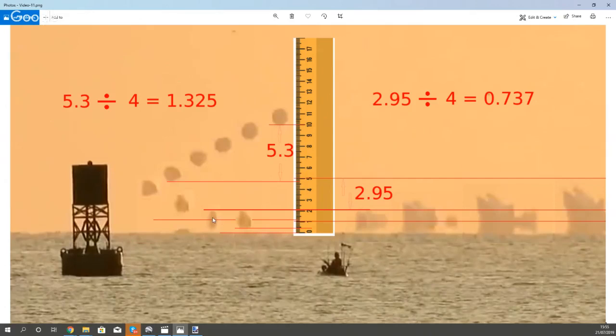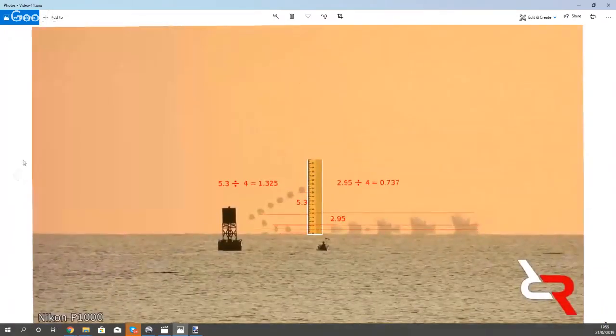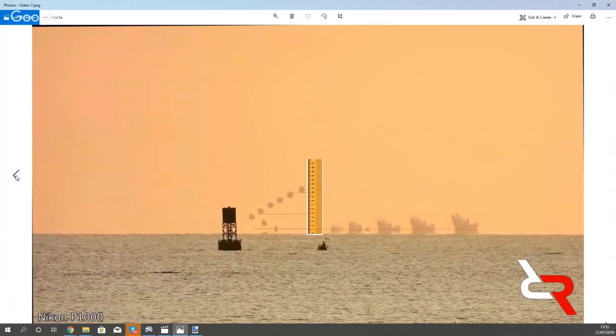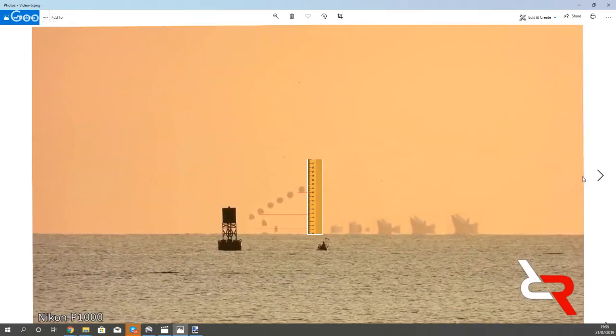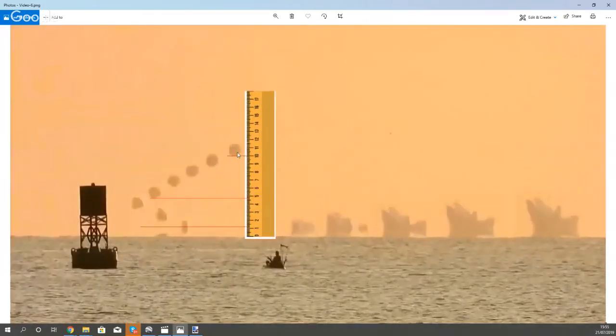So we've got 1 to 8 frames, and then 9, 10, and 11 are not visible, and then you go on to 12, 13, 14, 15, 16. So we've got 3 missing frames.